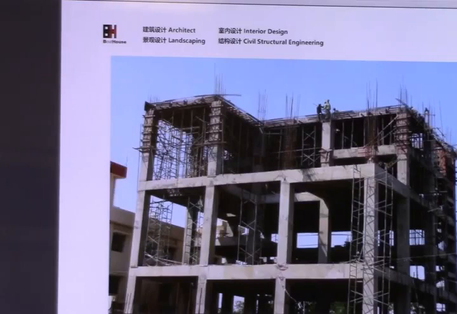Yeah, these are all reinforced concrete buildings. With them we can get more height, more width, and more room. And they can also resist the seismic load.